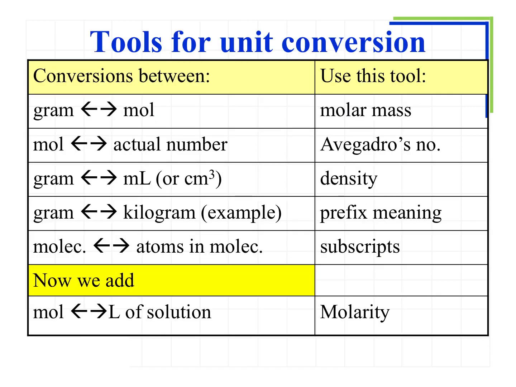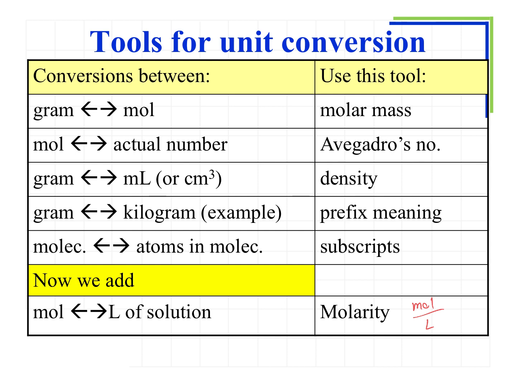Okay, so here is one more thing that we can add to our tools for unit conversion. We talked about dimensional analysis, and I've told you that any unit which is in a ratio can be used as a conversion factor, right? So molarity is mole over liter.